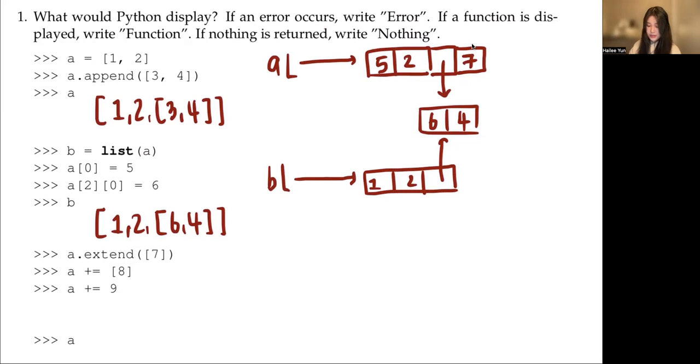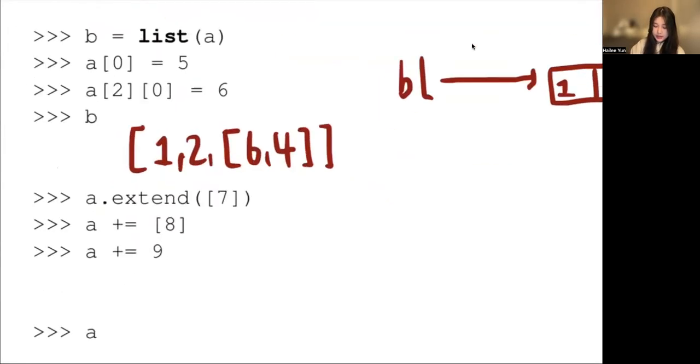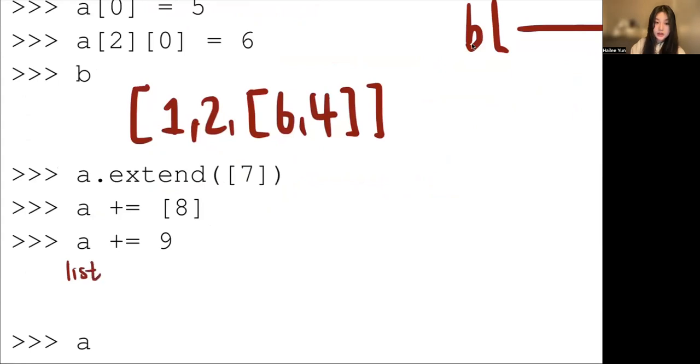Now we have a += the list 8. Remember earlier I showed that that is going to mutate our list. So again, we have an 8 at the end of list A. Now we have a += 9. You can see here that A is a list, but this 9 is an integer.